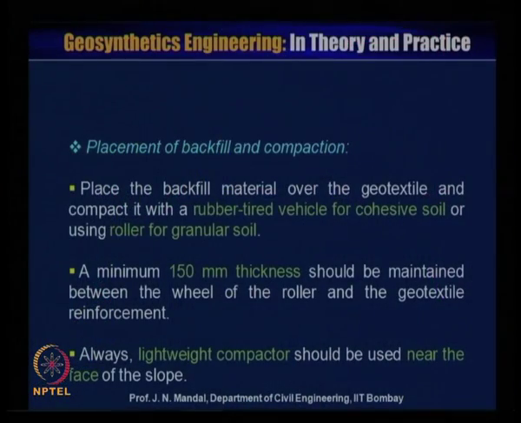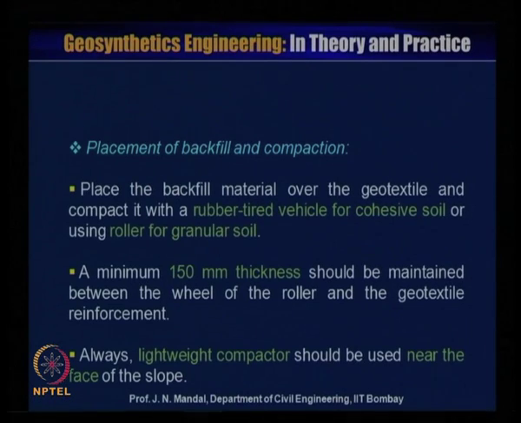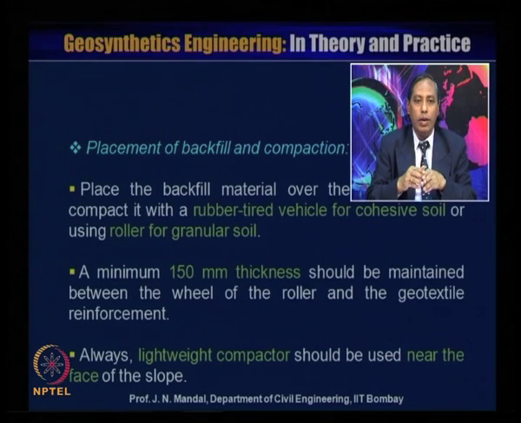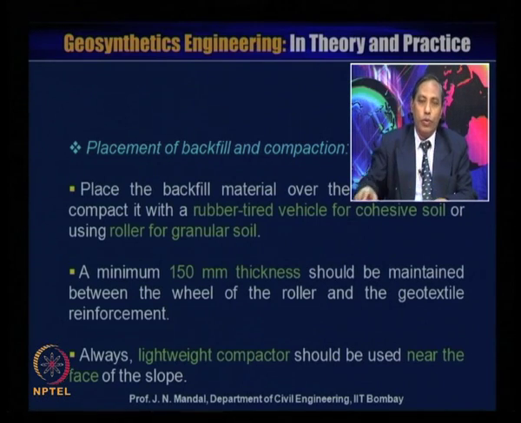Placement of the backfill and compaction. Place the backfill material over the geotextile and compact it with a rubber tyre vehicle for cohesive soil or using a roller for granular soil. A minimum 150 millimeter thickness should be maintained between the wheel of the roller and the geotextile reinforcement. Always lightweight compaction should be used near the face of the slope.